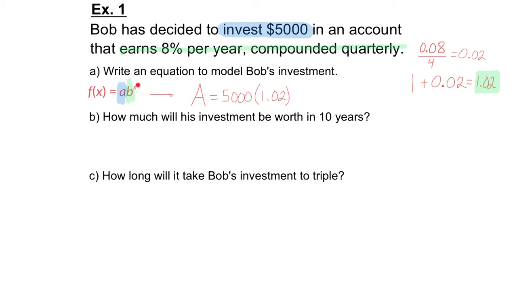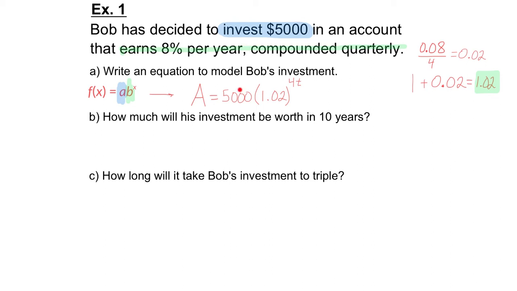And my independent variable was the number of years multiplied by 4. So I'm going to use t to represent the time in years. So my equation ends up being A equals 5,000 times 1.02 to the exponent 4t.